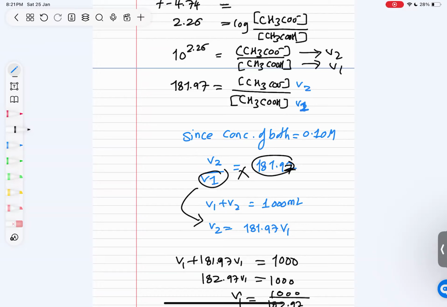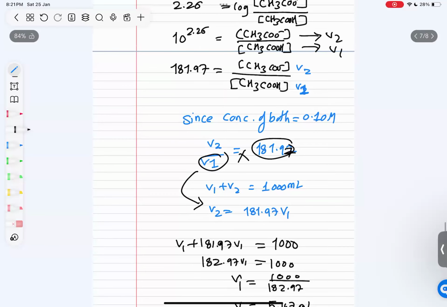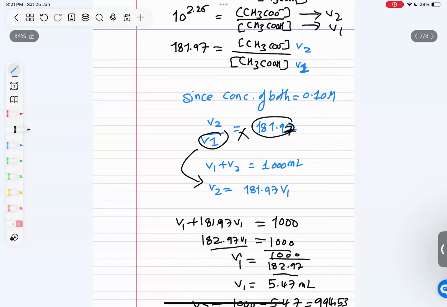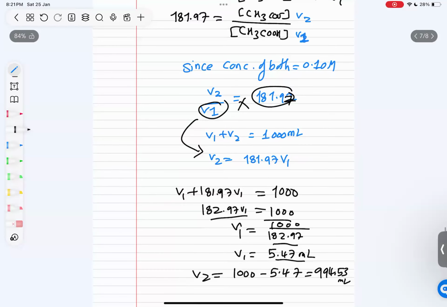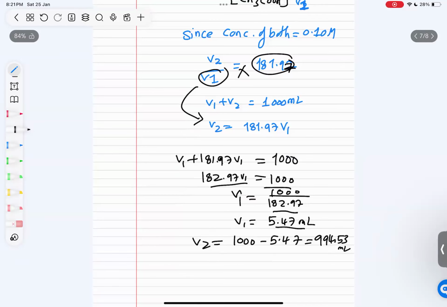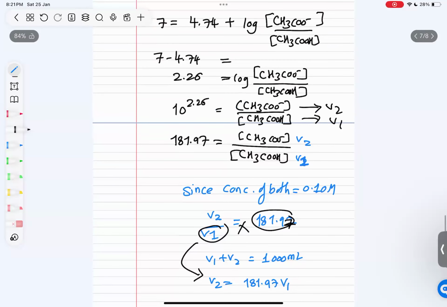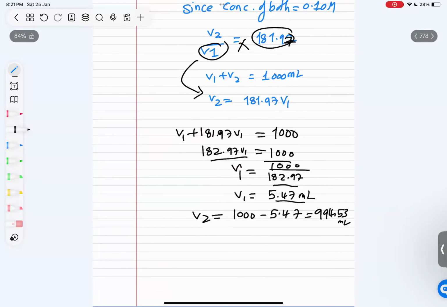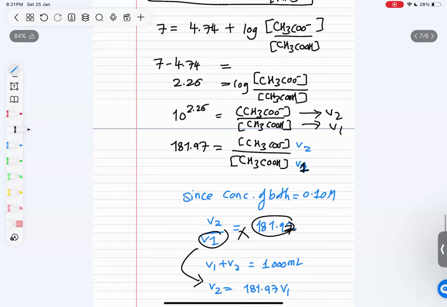V1 plus 181.97 V1, that is 182.97 V1, equals 1,000. V1 equals 5.47. So you need to take 5.47 milliliters of the acetic acid, the weak acid, and put the rest of the amount, 994.53 milliliters, from its conjugate base.